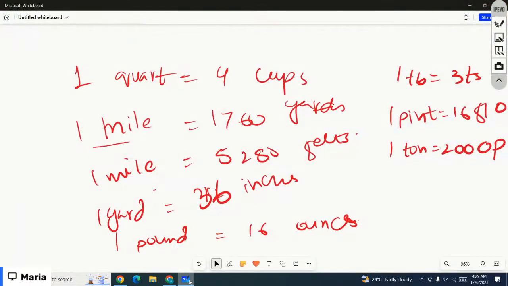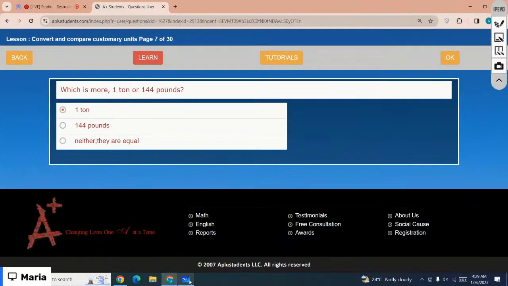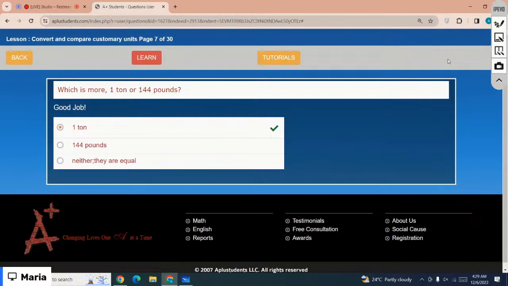Hold on, let me see from tons to pounds. What is the conversion? I forgot. 1 ton equals 2,000 pounds, right? So 1 ton is more. How is 144 more? 1 ton equals 2,000 pounds, right?